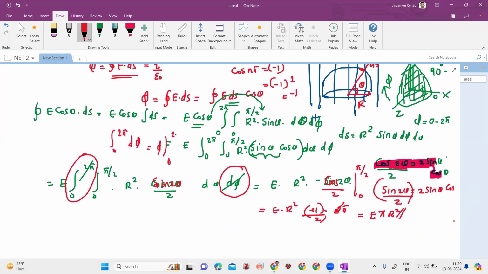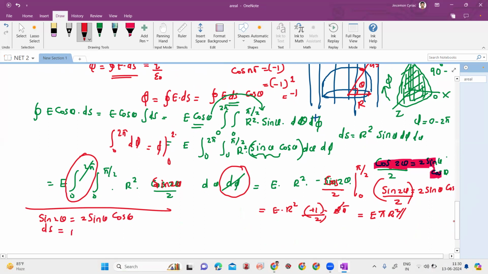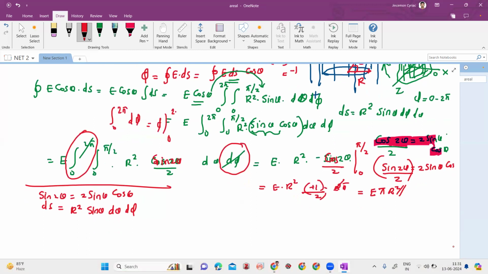If there is any doubt, we just need to know these equations. Sin 2 theta is equal to 2 sin theta cos theta. For spherical polar coordinates, ds is equal to r square sin theta d theta d phi. And cos n pi is equal to minus 1 raised to n, so cos pi is equal to minus 1.